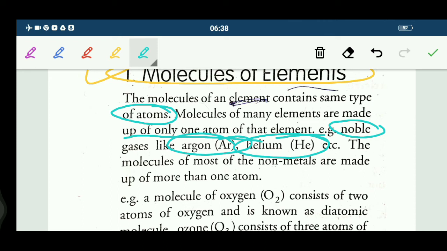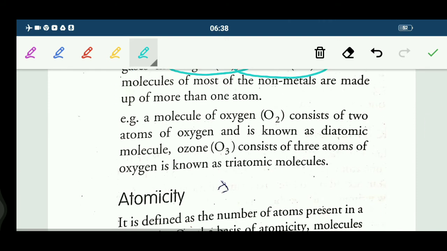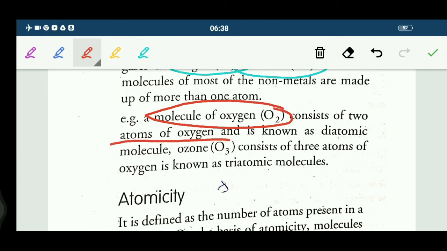And the molecules of most of the non-metals are made up of more than one atom. Example, the molecule of oxygen consists of 2 atoms of oxygen, and it is known as a diatomic molecule. Ozone, that is O3, consists of 3 atoms of oxygen and is known as a triatomic molecule.